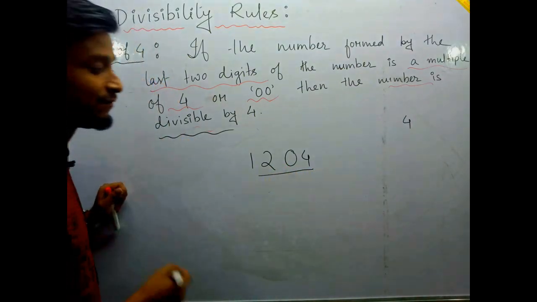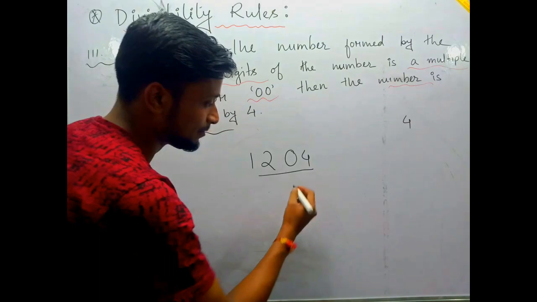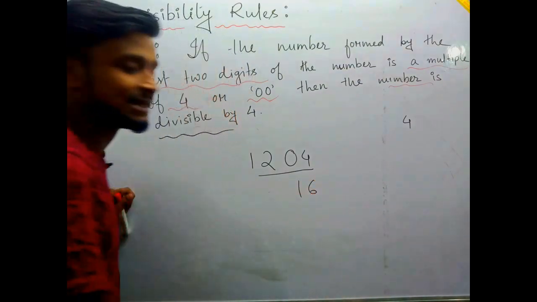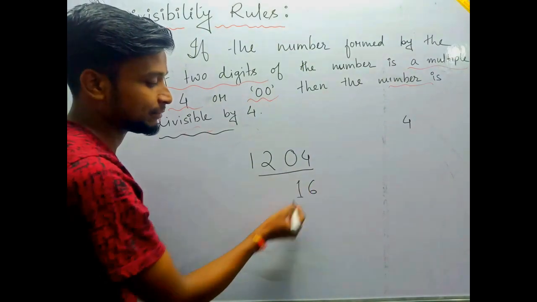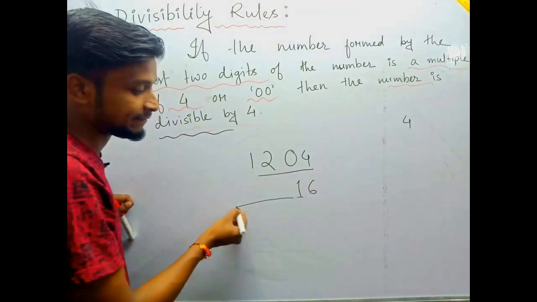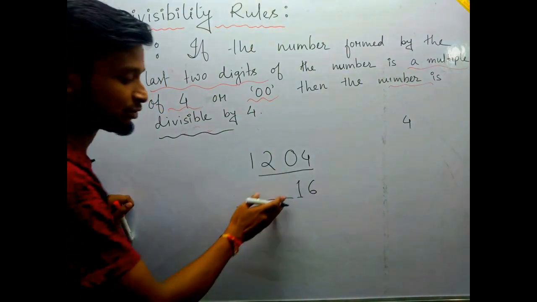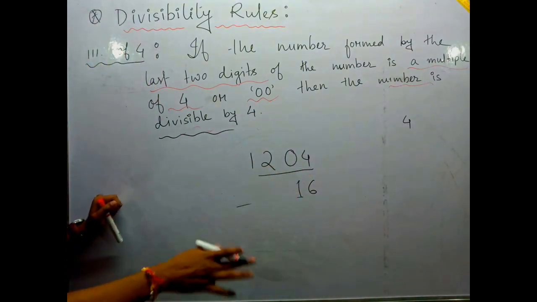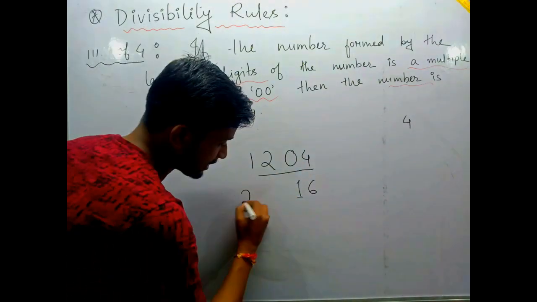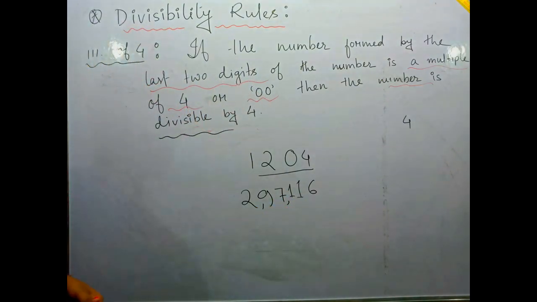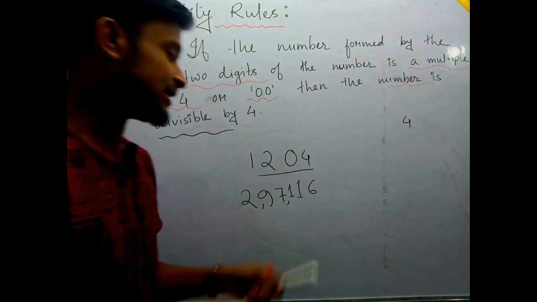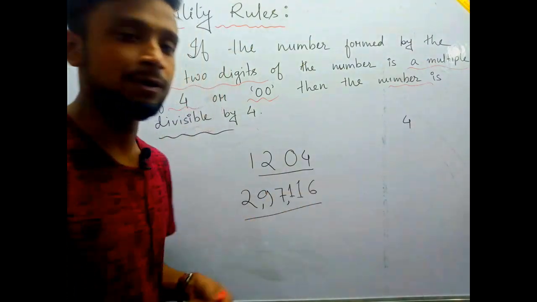Let's take some more examples. We know 16 is a multiple of 4, so whatever digits you put to the left of it, the whole number will be divisible by 4. Suppose we take 1,97,116; this whole number will be divisible by 4.